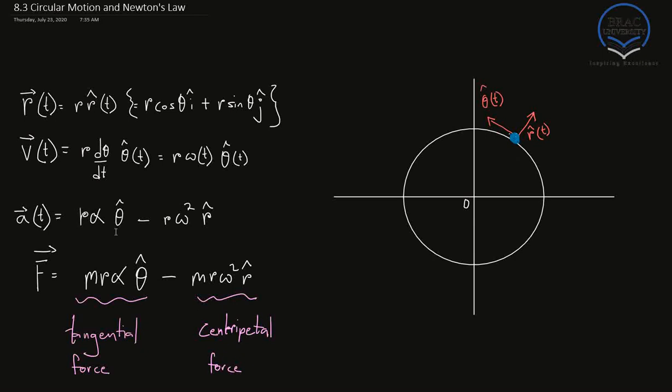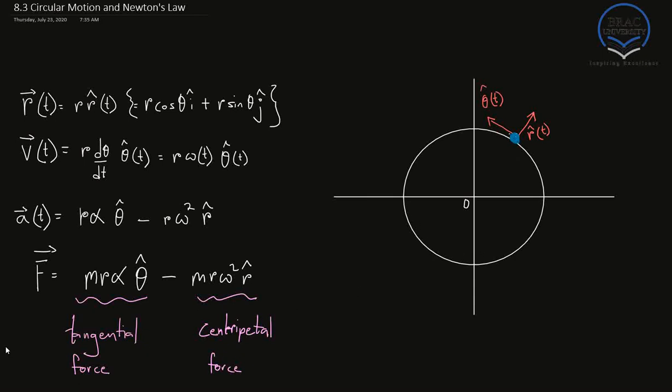It's now clear that if you have a centripetal force, you would have circular motion. Furthermore, if you have a tangential force, then this circular motion would not be uniform. You need a tangential force to speed up or slow down a particle on a circular track.